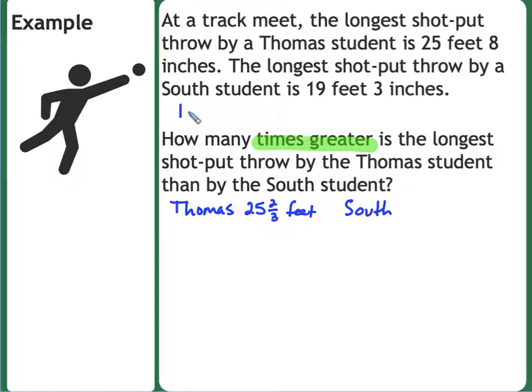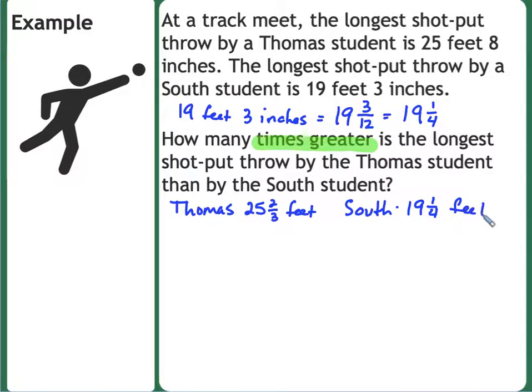South is 19 feet 3 inches, which is equivalent to 19 feet and 3 out of 12 inches, which is 19 and 1/4. So South is 19 and 1/4 feet. And it asks us how many times greater is Thomas compared to South.